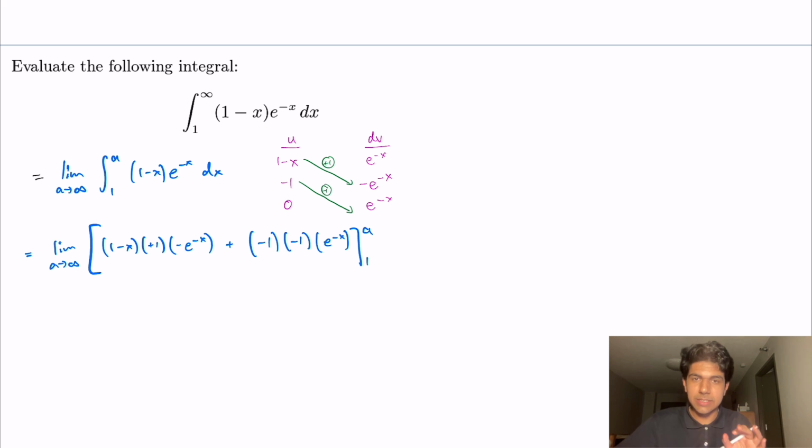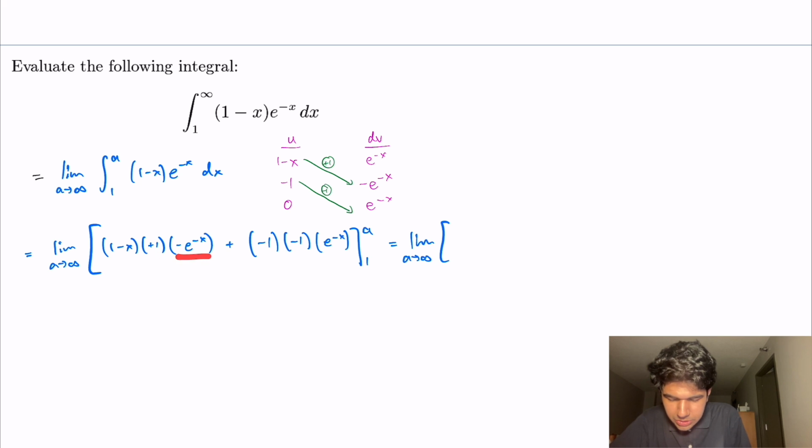So let's clean up the stuff inside of the brackets. This is equal to the limit as a approaches infinity of, this positive 1 term we don't really care about. So let's distribute this negative e to the negative x into these two terms. Negative e to the negative x times 1 is negative e to the negative x.